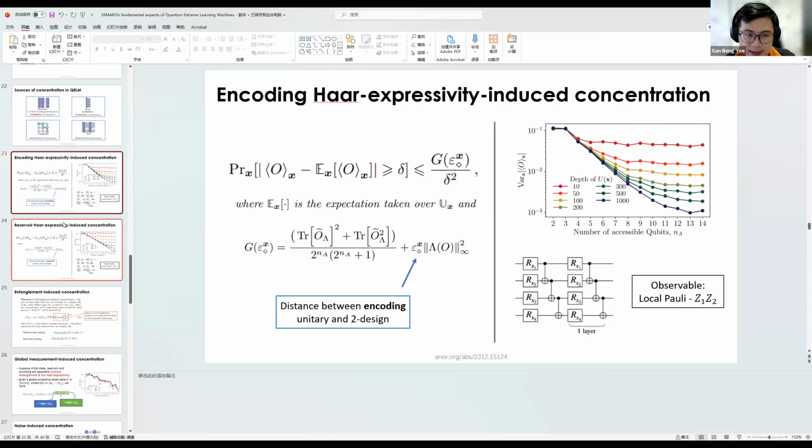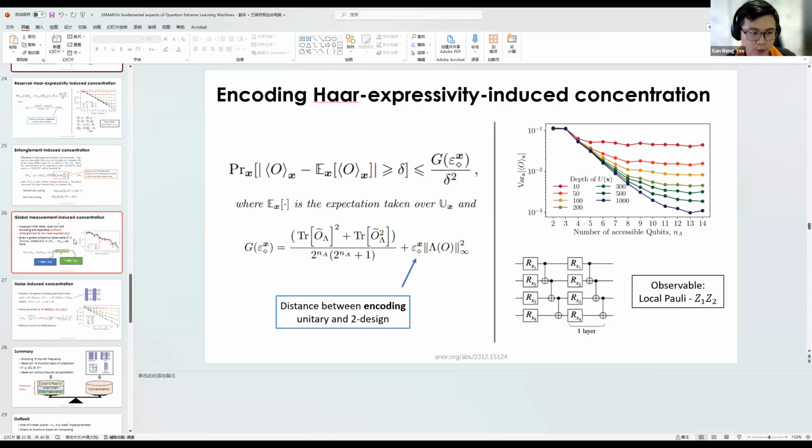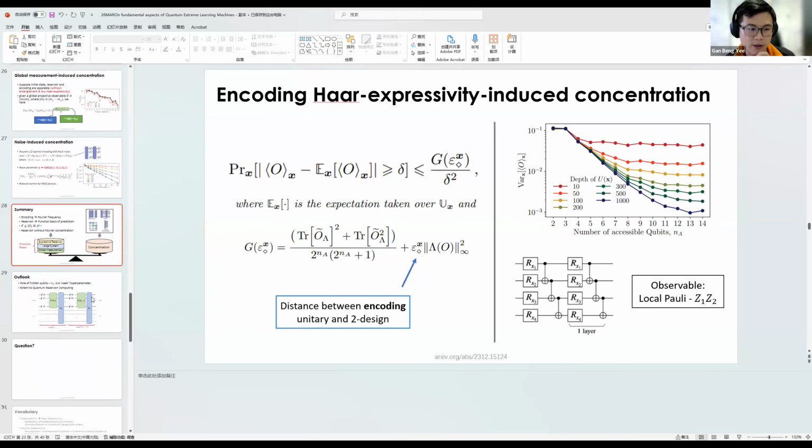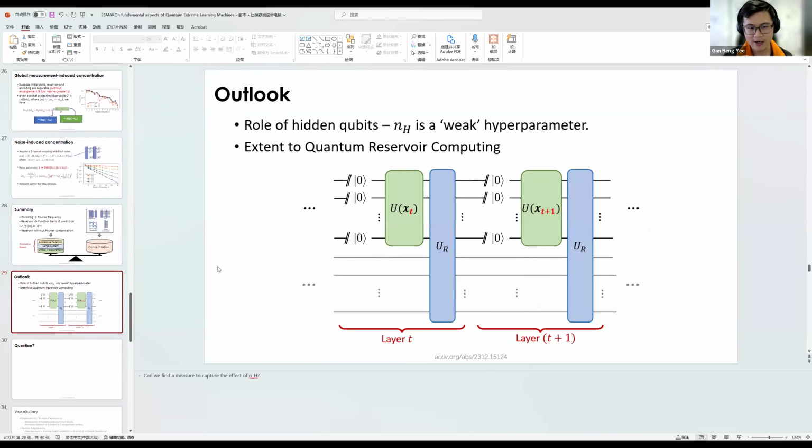This is a very nice work, combining everything that we know and putting it in a framework to study quantum machine learning. Actually, I'm more interested in quantum reservoir computing, but it would be much harder to study, right? Yes, the setting is much more complicated, and the framework might not be that nice compared to the quantum machine learning case. Basically, in QRC, the time series is in general not IID.